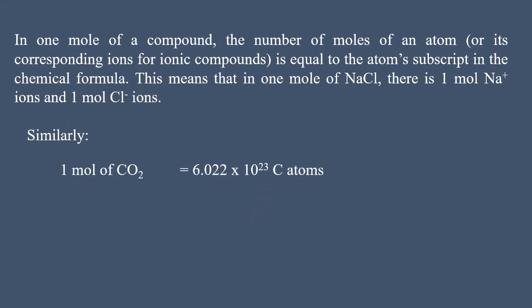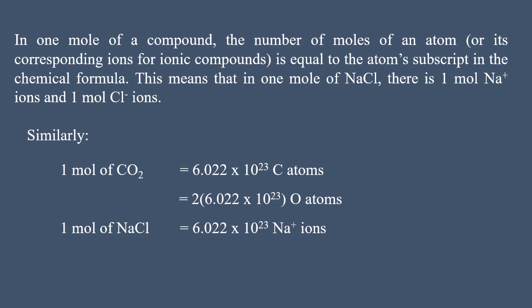Similarly, 1 mole of carbon dioxide is equal to 6.022 times 10 to the 23rd carbon atoms, and also equal to 2 times 6.022 times 10 to the 23rd oxygen atoms. Like, 1 mole of sodium chloride is equal to 6.022 times 10 to the 23rd sodium ions. And it also has 6.022 times 10 to the 23rd chloride ions.